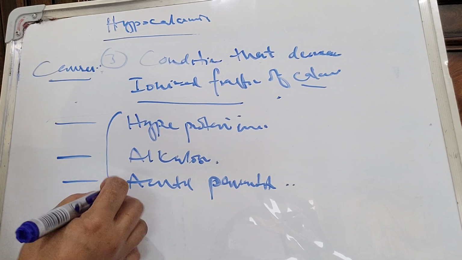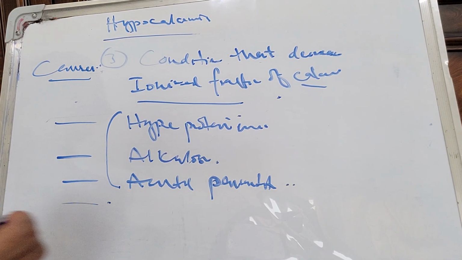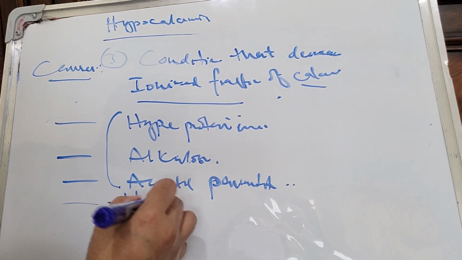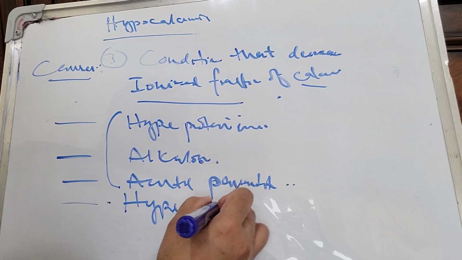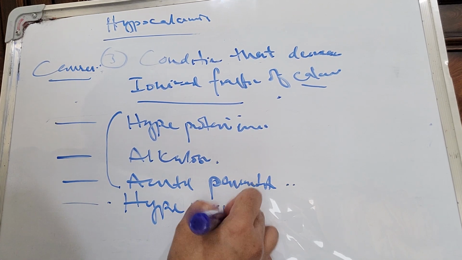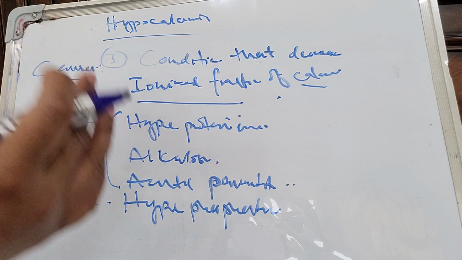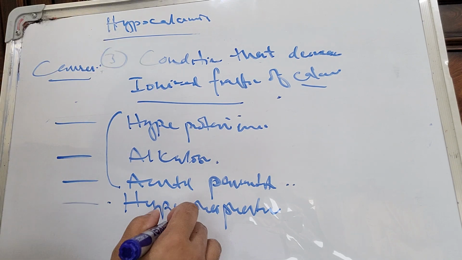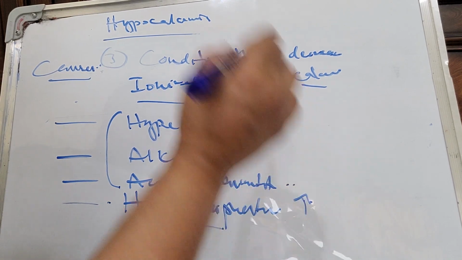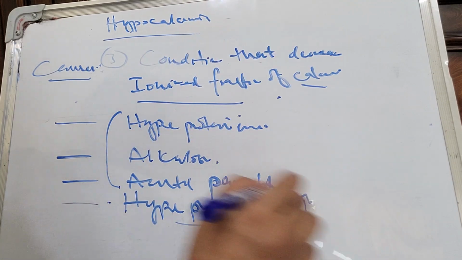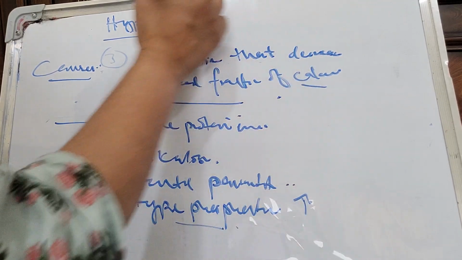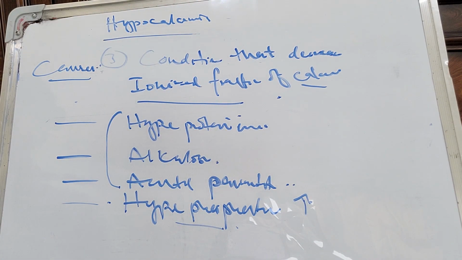Then there are 2 more problems. Hyperphosphatemia. This is the opposite: if our body has increased phosphorus, we have less calcium. So hyperphosphatemia is also a cause of hypocalcemia.